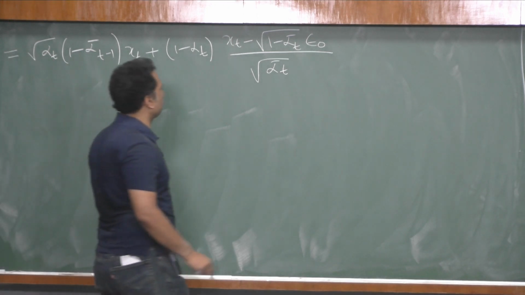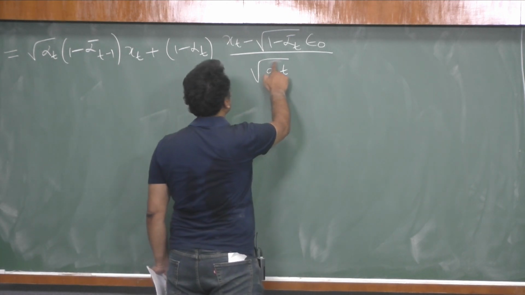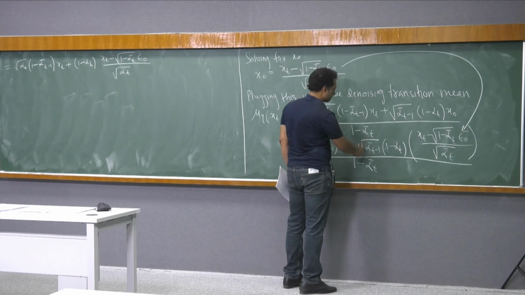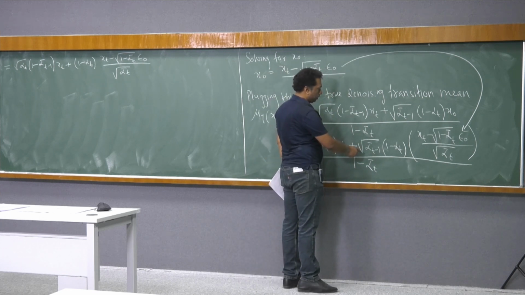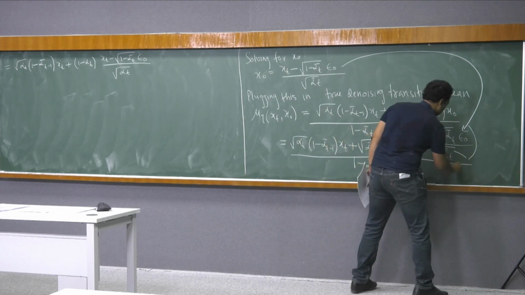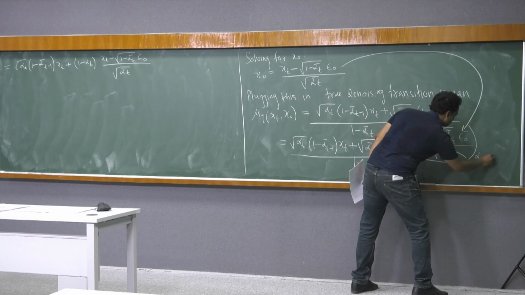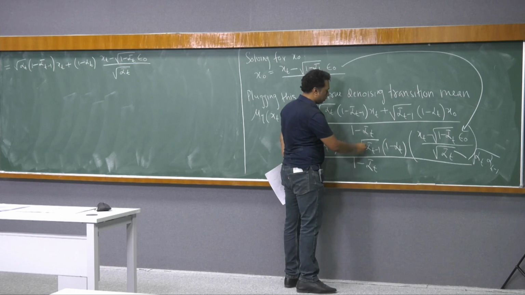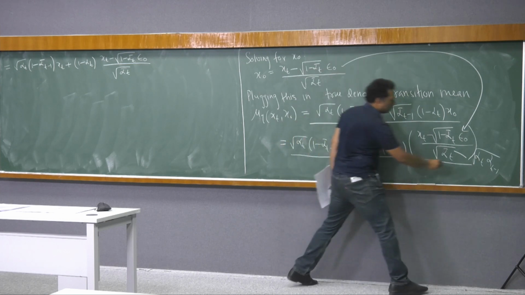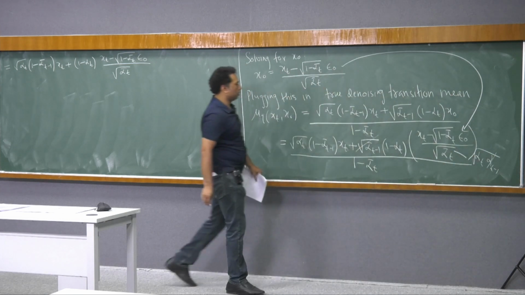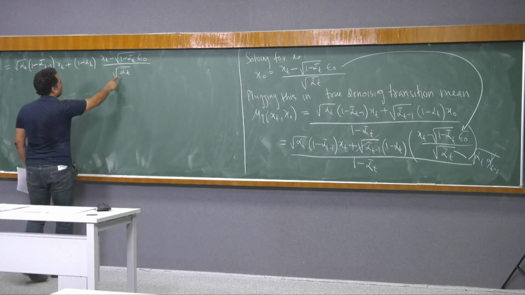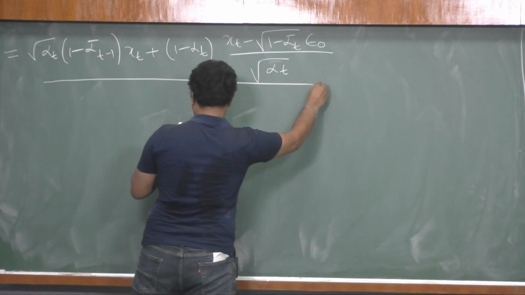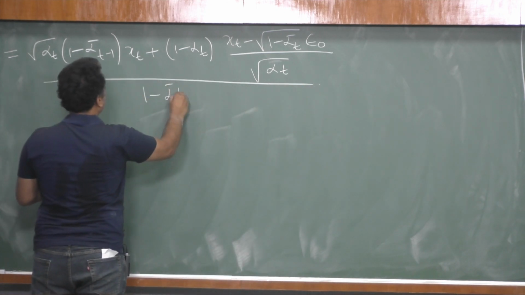So continuing, we get a cancellation of alpha. Here we can write this as square root of alpha t times alpha t minus 1. Then we had this 1 minus alpha bar t minus 1; here the 1 minus alpha bar t minus 1 got cancelled, and hence we have square root of alpha t remaining here, and then the whole thing is divided by 1 minus alpha bar t.